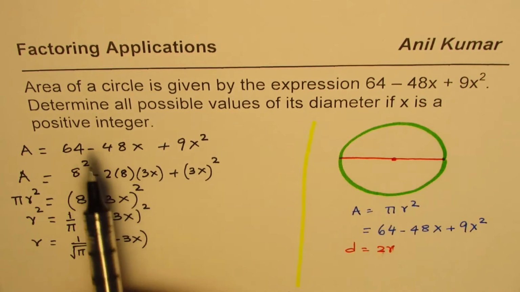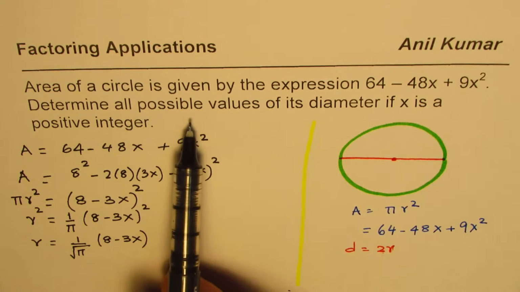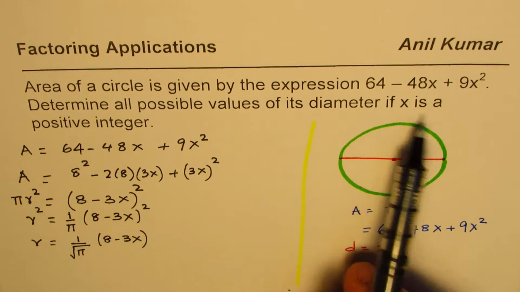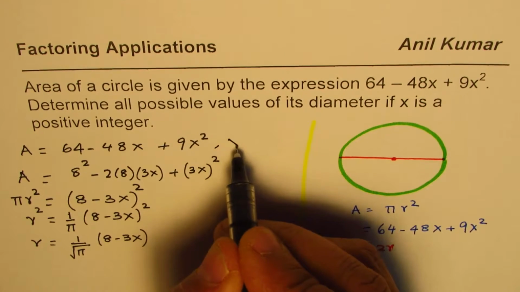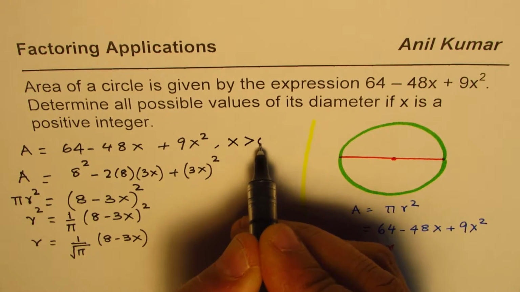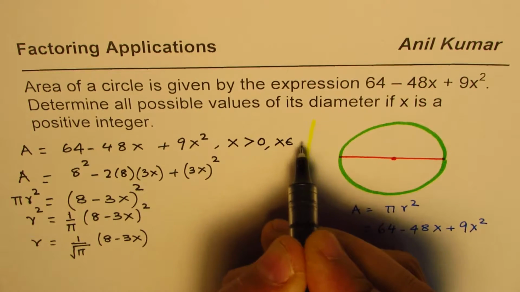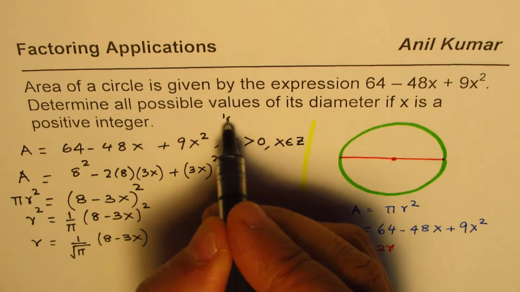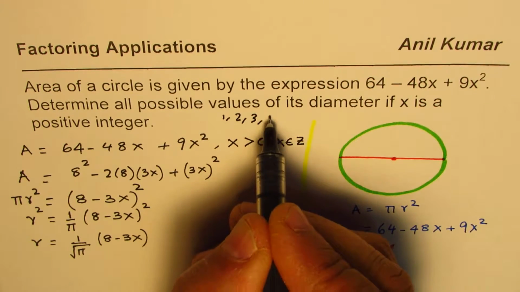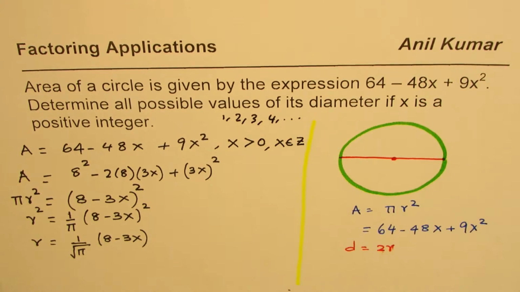Now the question says, determine all possible values of diameter if x is a positive integer. So x is a positive integer. That means x is greater than 0 and x belongs to integers. So it could have values like 1, 2, 3, 4 and so on, like natural numbers.